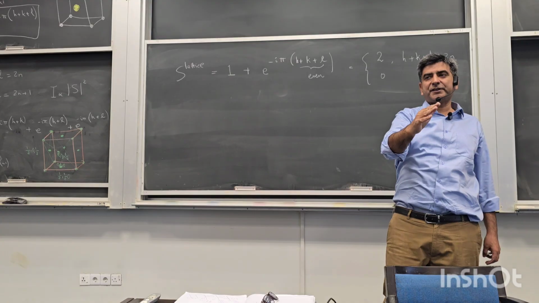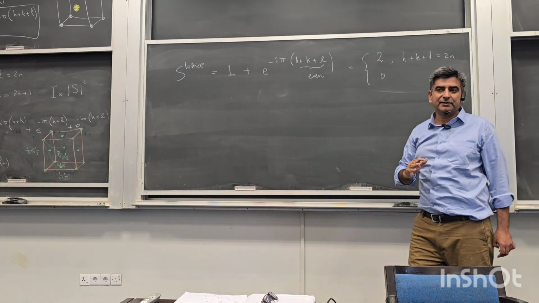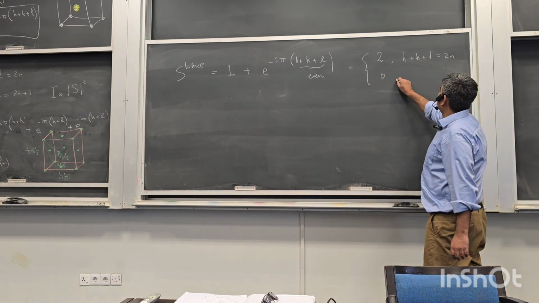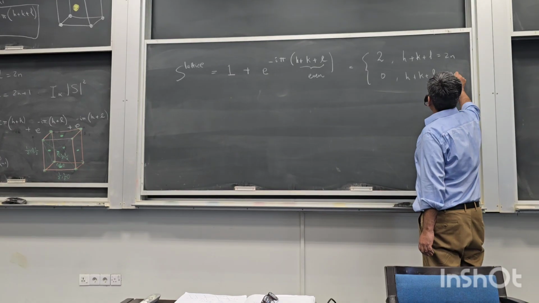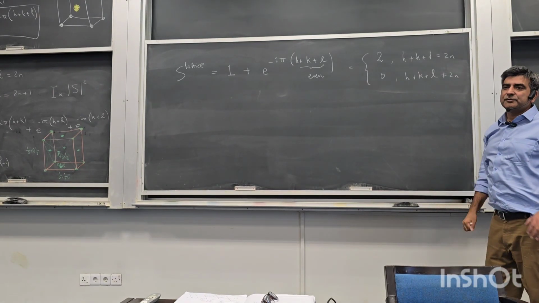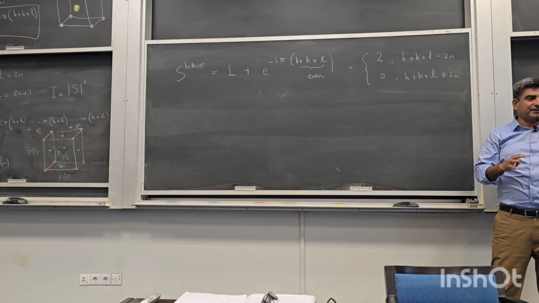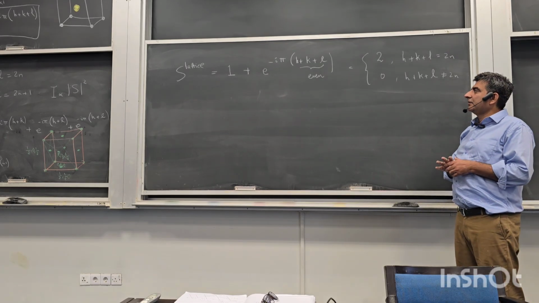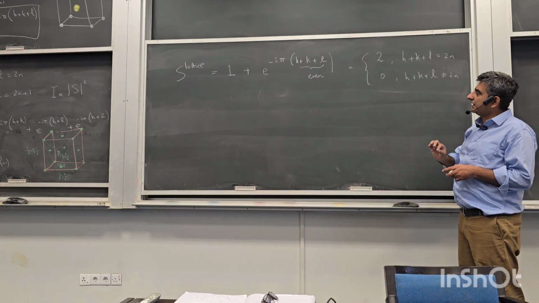So only those reflections exist for which H plus K plus L is even. That's the characteristic of a body centered lattice. And it's 0 when H plus K plus L is not even. So whenever you have a body centered lattice and a crystal structure that crystallizes in the body centered cubic Bravais lattice, only those peaks exist for which H plus K plus L is even.